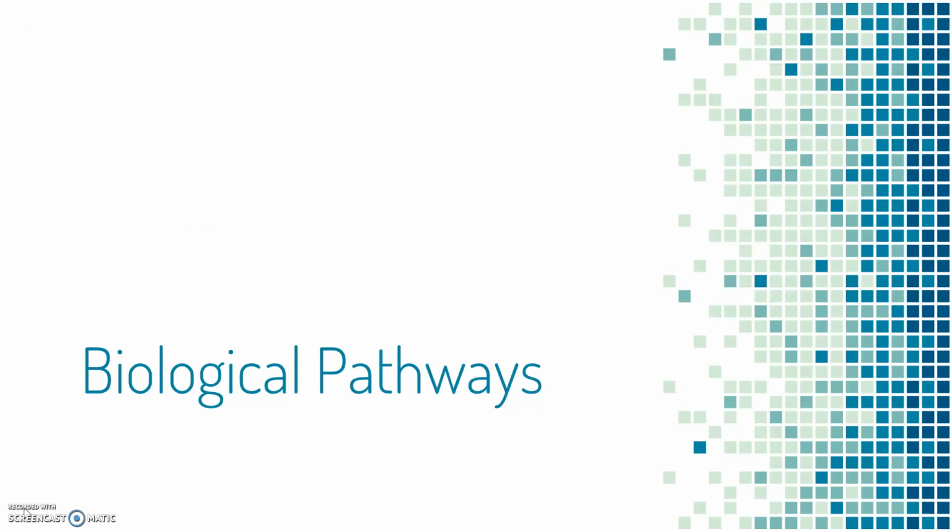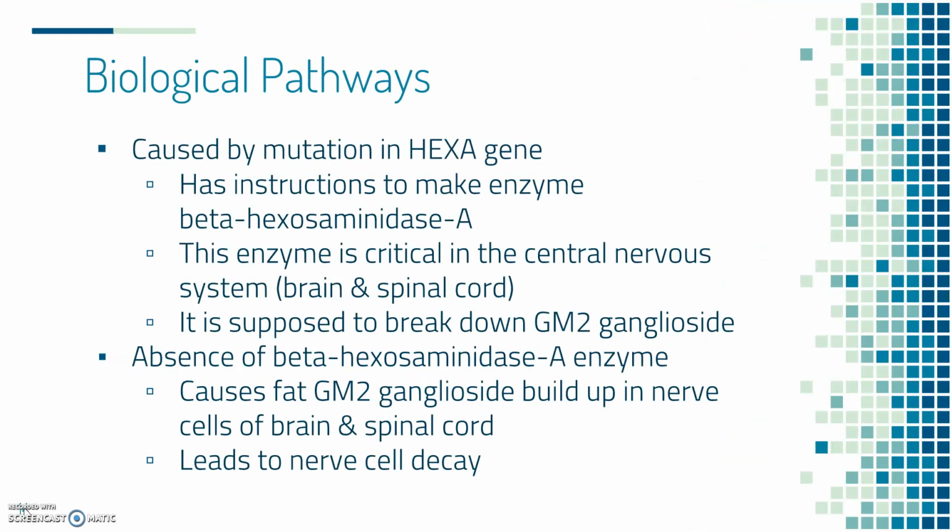The biological pathways. So this is caused by mutation in the HEX-A gene, and this gene houses the instructions to create the enzyme beta-hexosaminidase A, and this enzyme is critical in the central nervous system and is supposed to break down the GM2 ganglioside lipids that build up in the brain and spinal cord. But because of the mutation, the HEX-A gene can't create a full enzyme, because you need beta A and beta B to make the full enzyme.